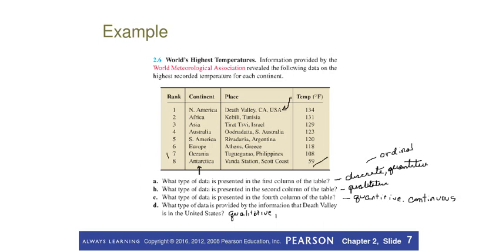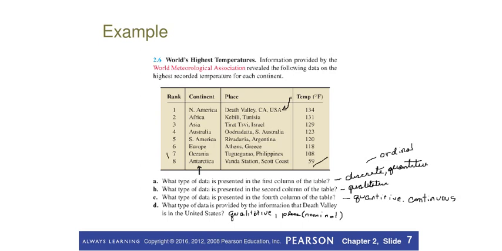Qualitative data is the kind of data that falls within the category of non-numerical data. USA. We could say, if we wanted to, that this is place data. Another word we sometimes use for qualitative data is nominal data. It gives us the name of a thing, like a place, like the United States. We call that nominal data sometimes.